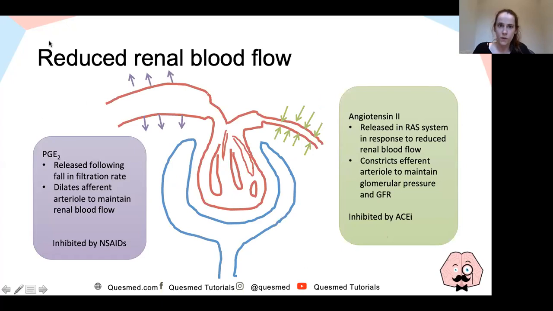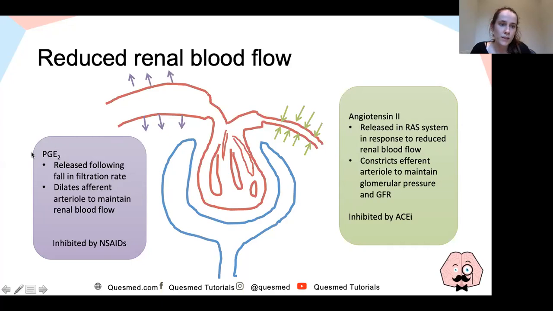Okay, so what happens when we have reduced renal blood flow? So a reduced renal blood flow will mean that glomerular filtration would go down because we're having less flow to the kidneys. So what happens is, to try and maintain that glomerular filtration, we have two different hormones.